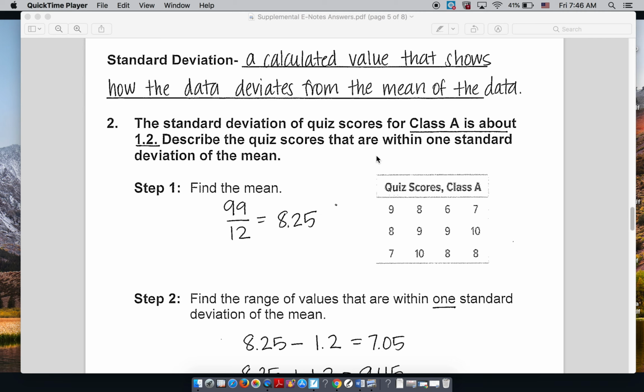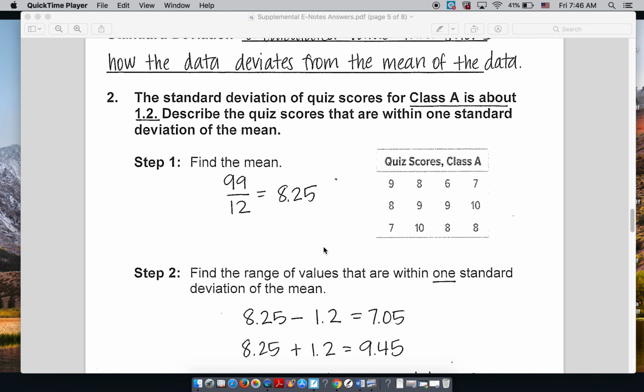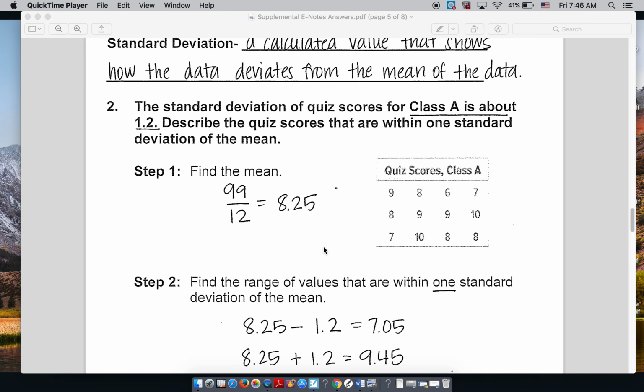So this problem number 2 here says the standard deviation of the quiz scores for class A is about 1.2. Describe the quiz scores that are within 1 standard deviation of the mean.